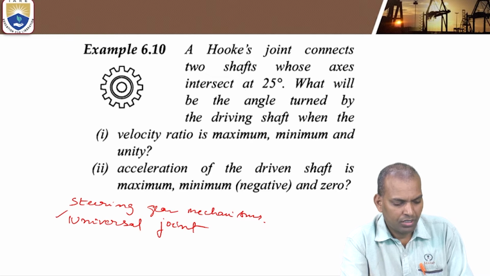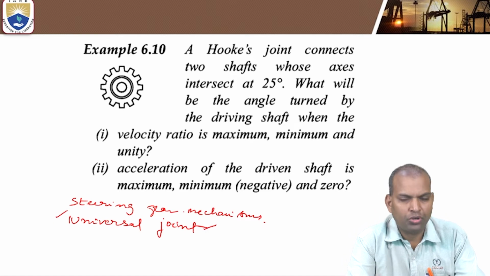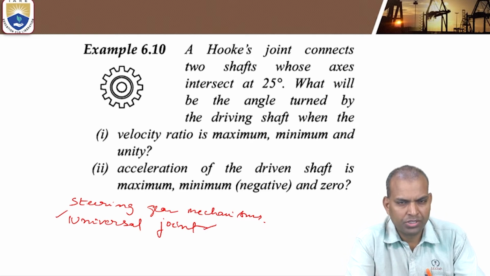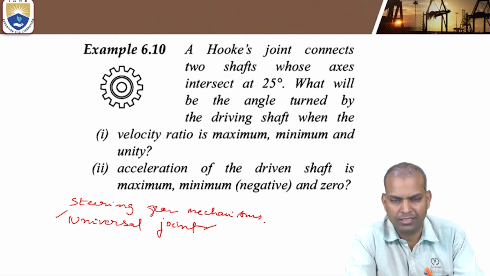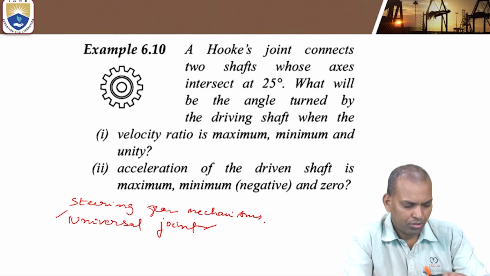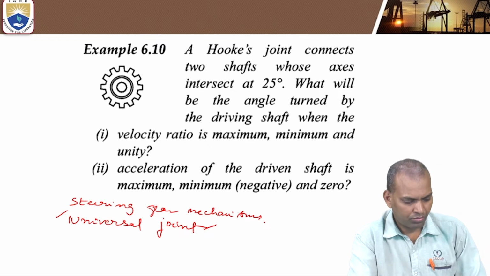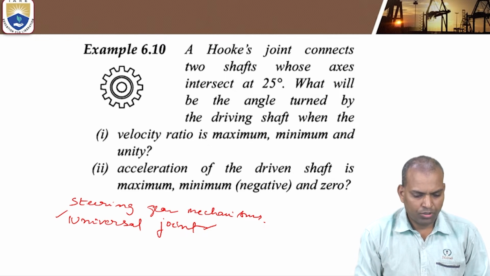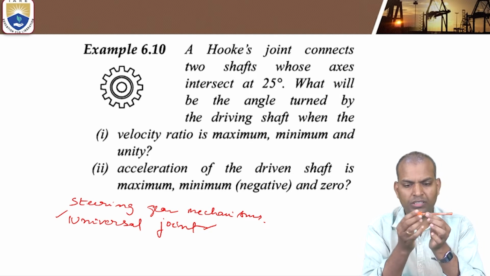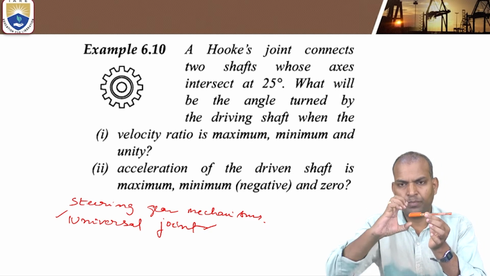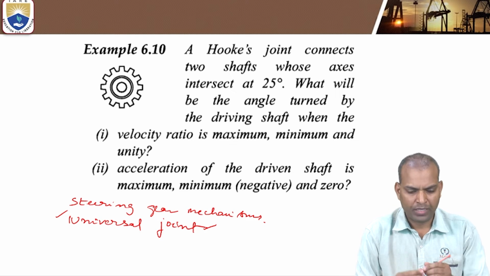This universal joint is used in automobiles to transmit torque from the engine shaft to the rear axle. The engine shaft transmits power to the rear axle with the help of this universal joint.